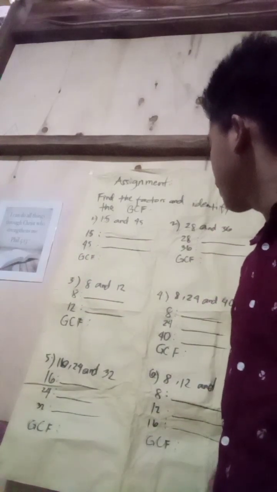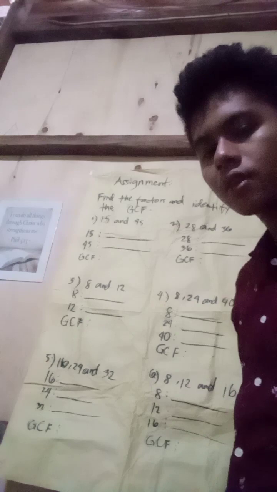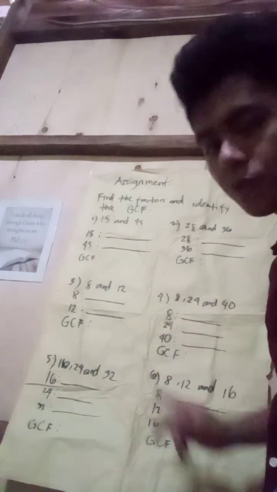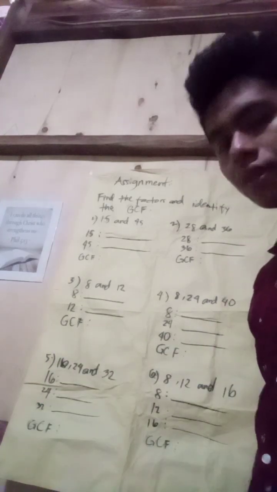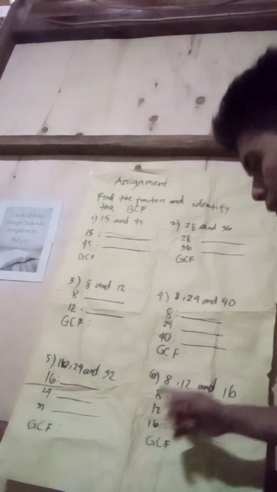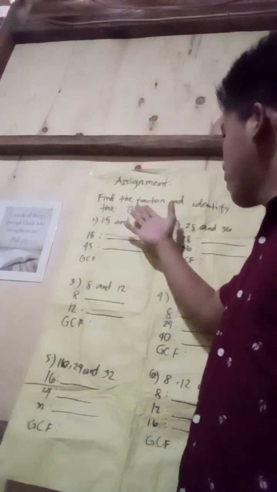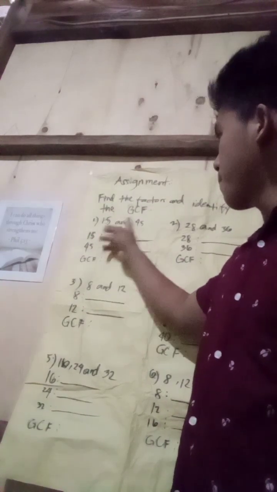Second, 28 and 36. Third, 8 and 12. Fourth, 8, 24 and 40. Fifth, 16, 24 and 32. Sixth, 8, 12 and 16.